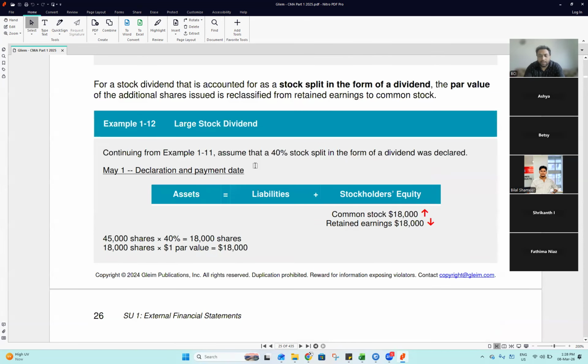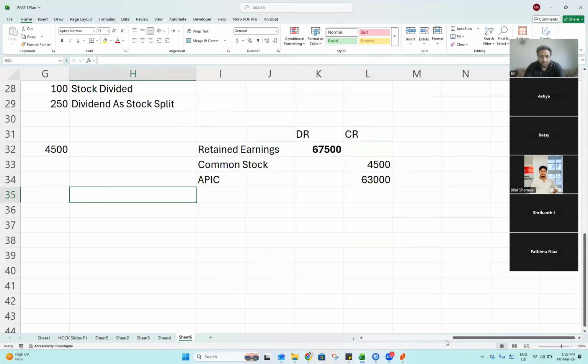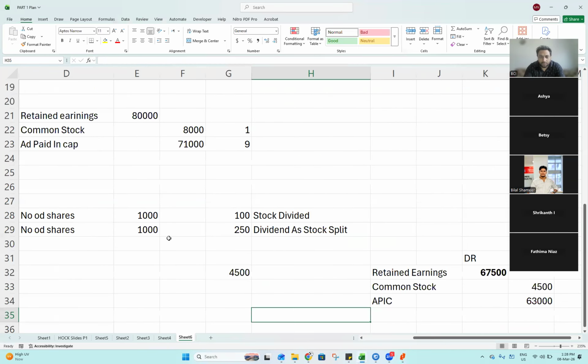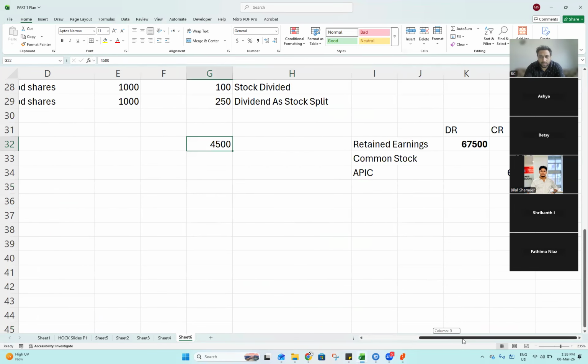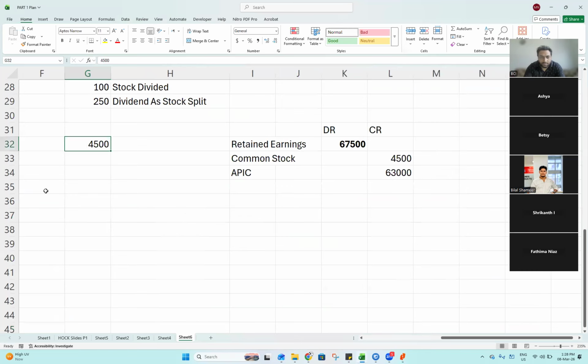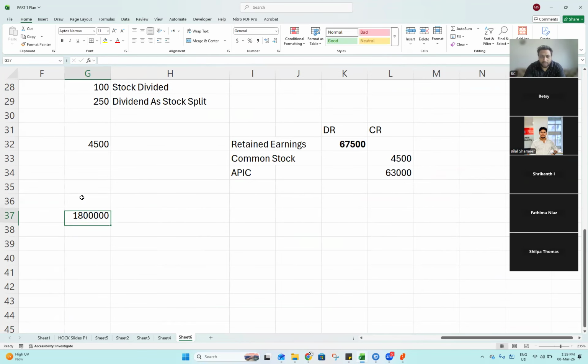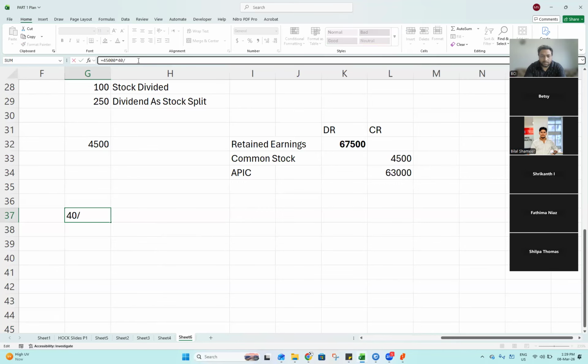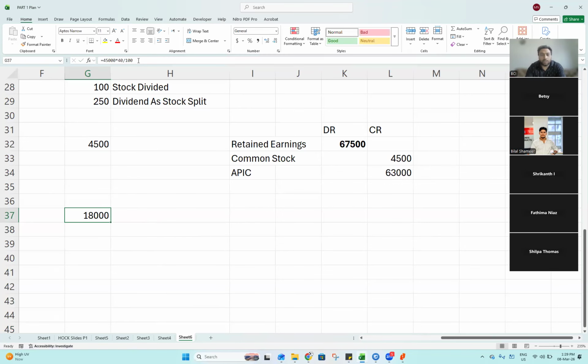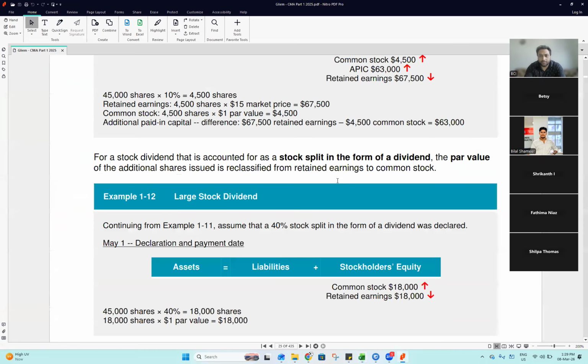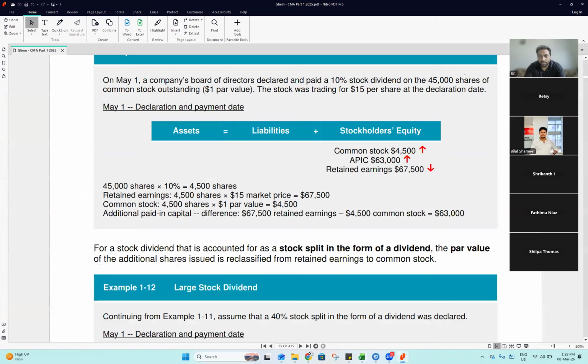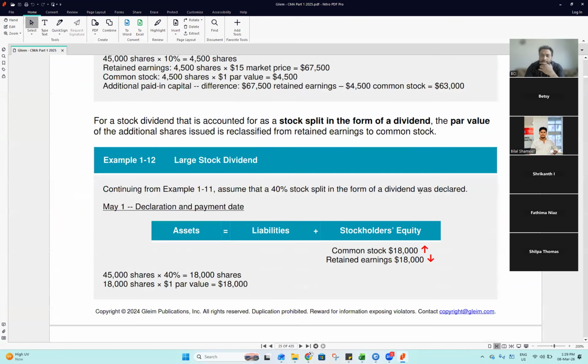Now in the above example, what if there were 45,000 shares, and the issue is 40%? The 4,500 was the new shares issued earlier, and the total was 45,000 shares. Now under this, 40% is a stock split.